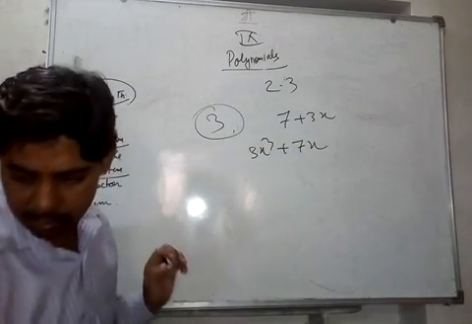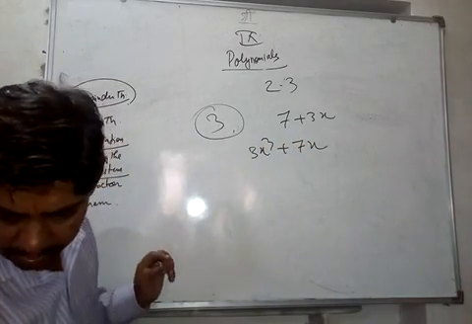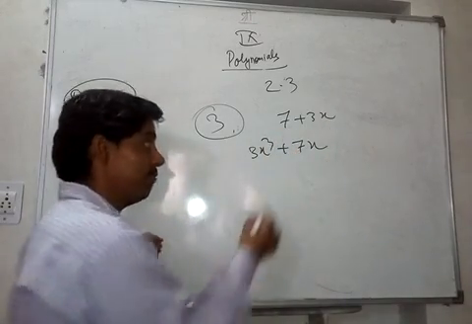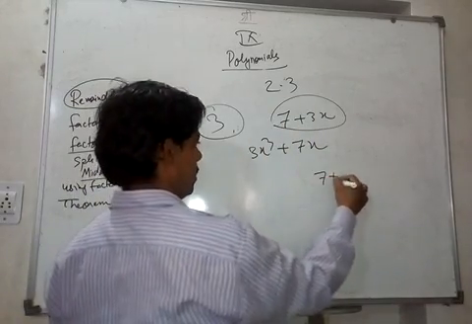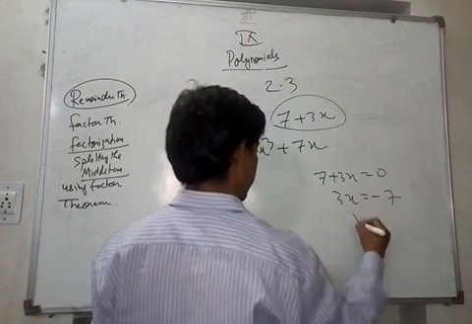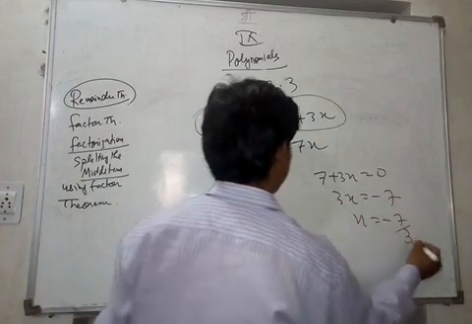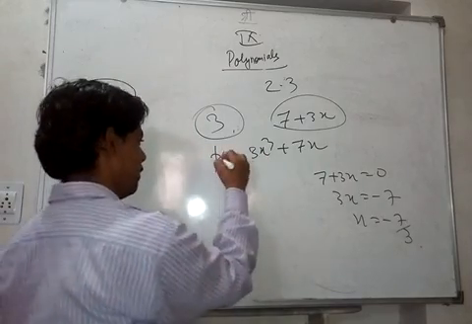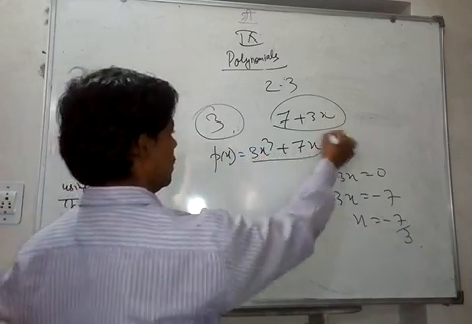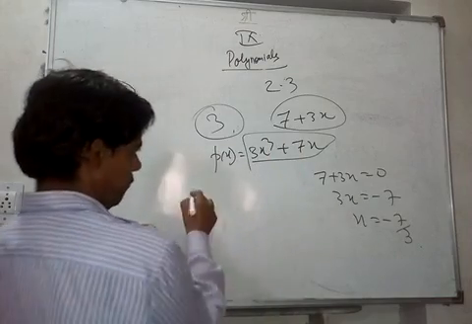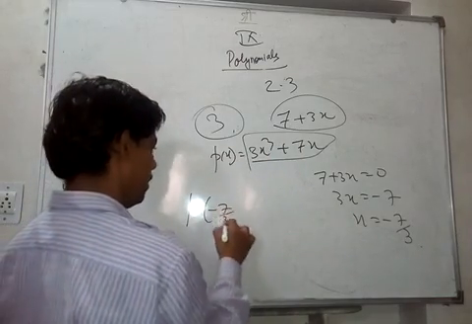You have to find whether this is a factor of this one. So first you write this as 0. So 7 plus 3x is equal to 0, 3x is equal to minus 7, x is equal to minus 7 by 3. And if you put x is equal to minus 7 by 3 in p(x), and if this quantity becomes 0, then it's a factor. So find p of minus 7 by 3.